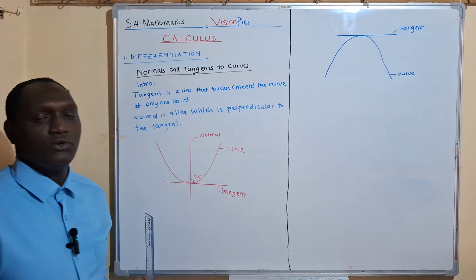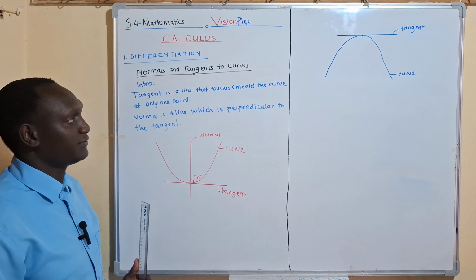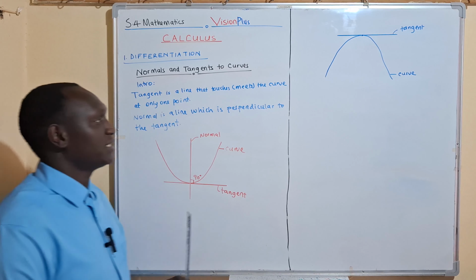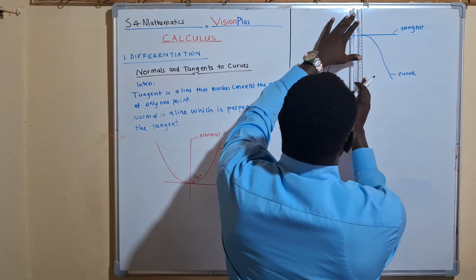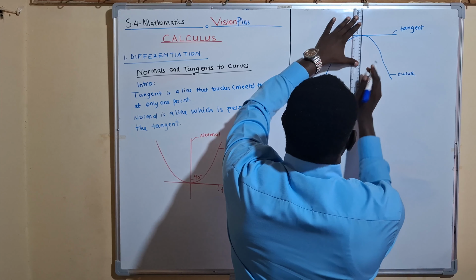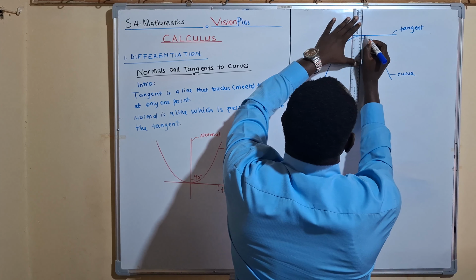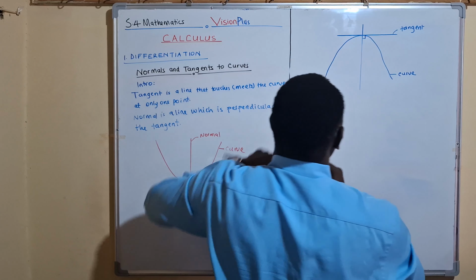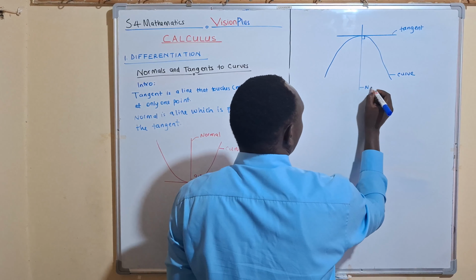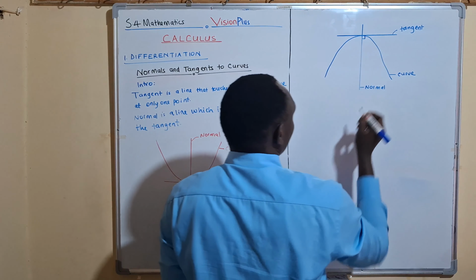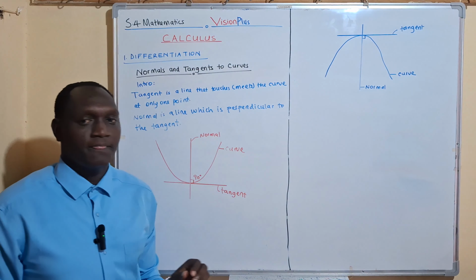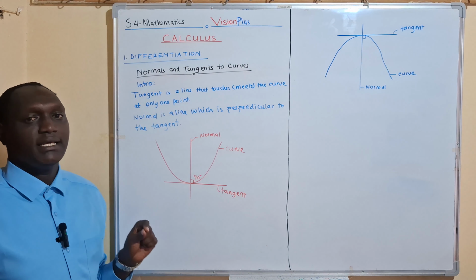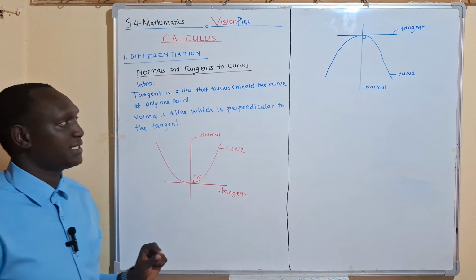Now, in this case, what is the normal to the curve? The normal to the curve is a line that is perpendicular to the tangent to that curve. That means we need to draw a line that makes an angle of 90 degrees here with the tangent line. So this one now becomes our normal to the curve. Now, the normal line is normal to the curve and it is perpendicular to the tangent.